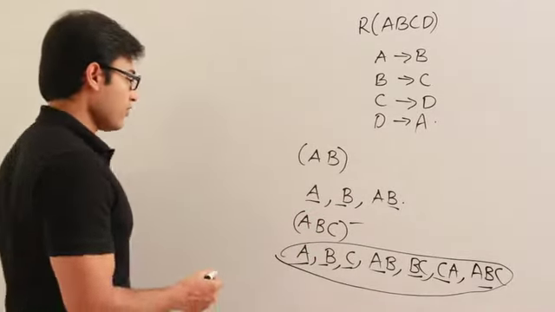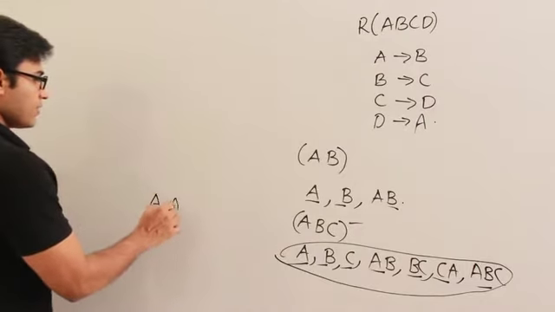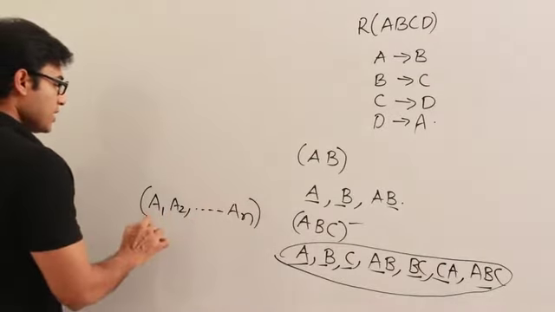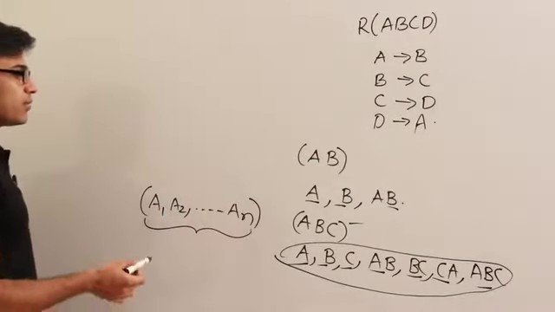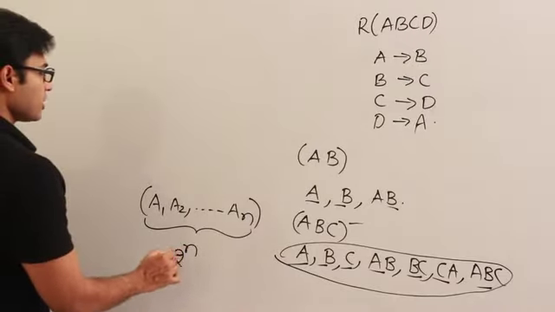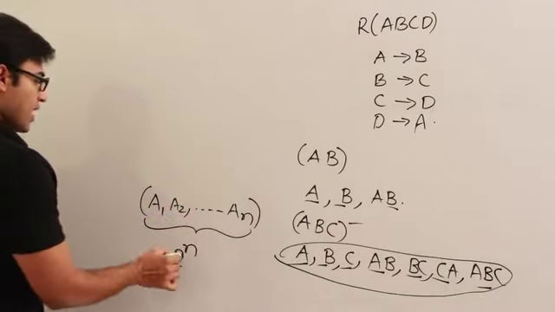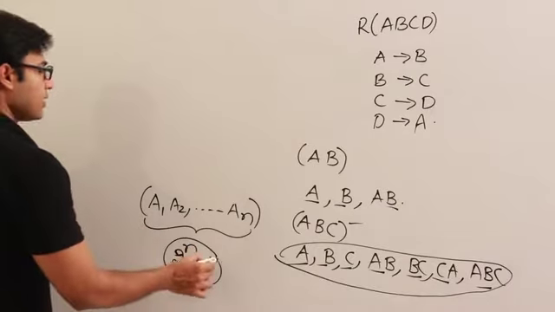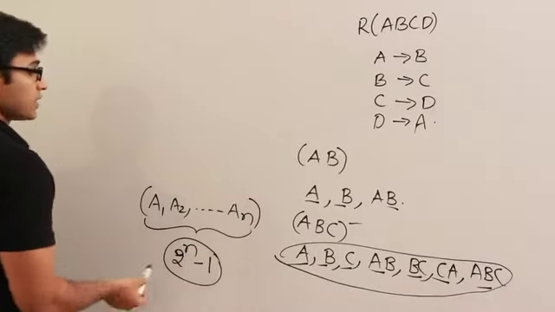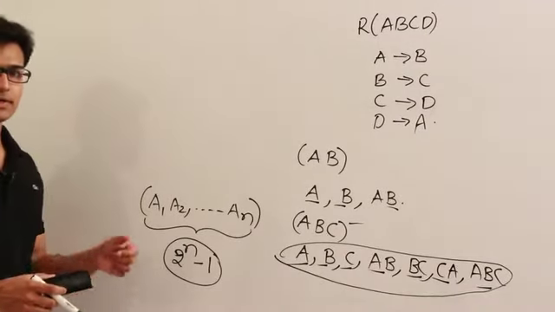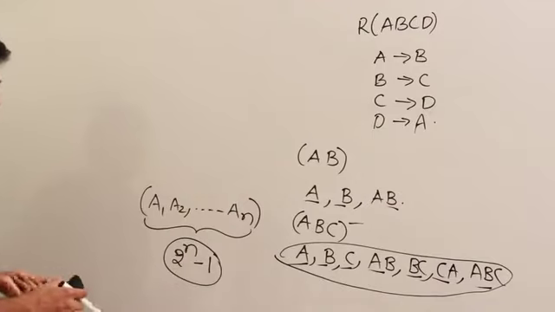Therefore if I have n elements, a1, a2, and so on up to an, how many candidate keys might be possible in total? 2 power n is the total number of subsets possible, out of which you should always take out the null, since null cannot be a candidate key. Therefore 2 power n minus 1 candidate keys will be there. So I might have to test each one of them and see whether it is really a candidate key or not, right?